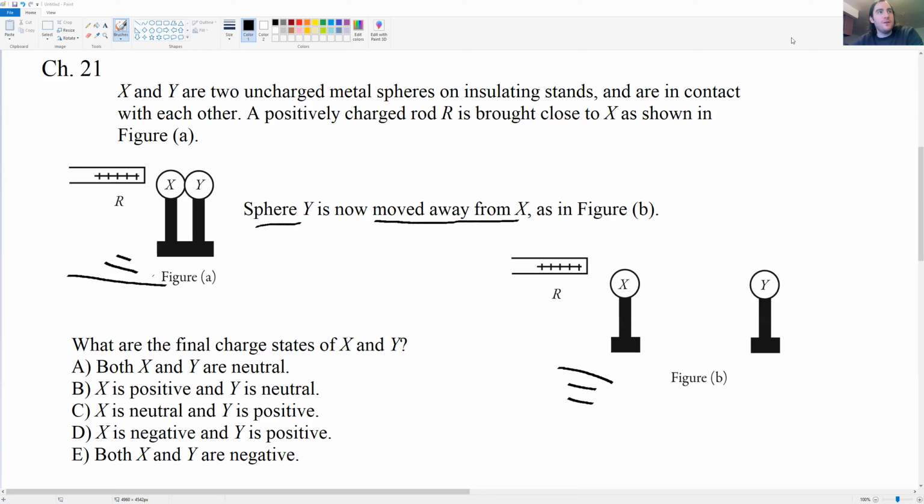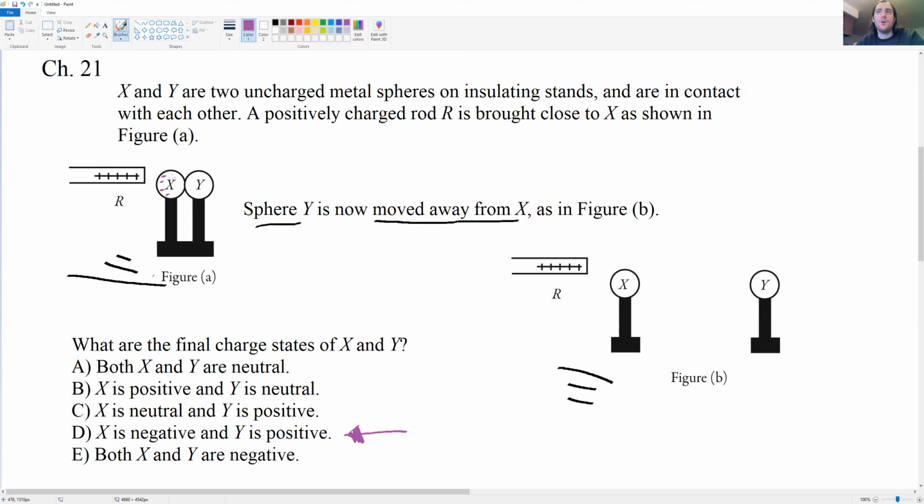Okay, so after our discussion here, we are all in agreement now that the answer we've agreed to is answer D. So let's think about it now. When we bring a positively charged rod close to the sphere X, we draw a little bit of negative charge towards that positively charged rod.